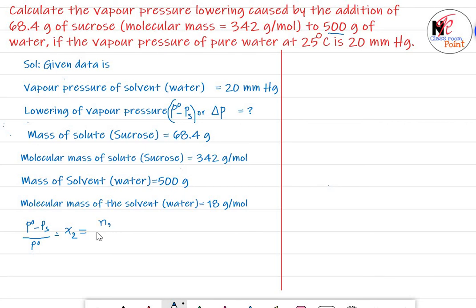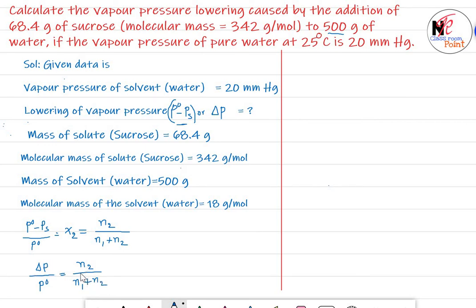That means the number of moles of the solute divided by the number of moles of the solvent plus the number of moles of the solute. P0 minus Ps is what they are asking us to calculate here. So now it becomes delta P divided by P0 is equal to the number of moles of solute divided by the number of moles of the solvent plus the number of moles of the solute.